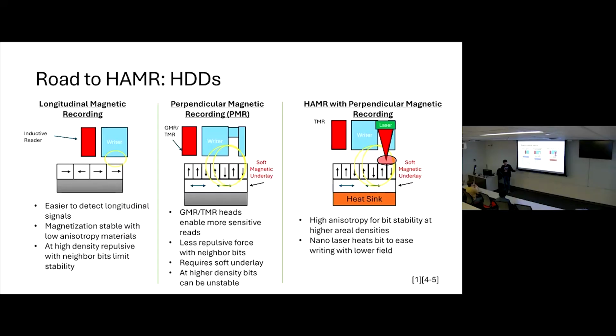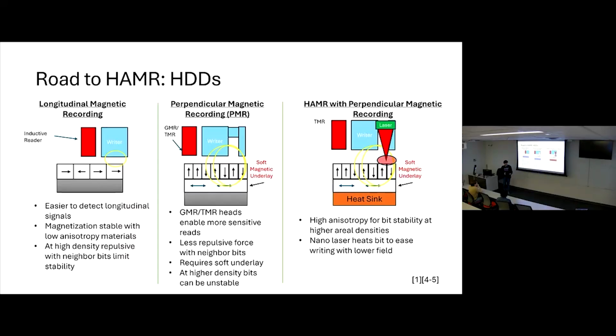But with the introduction of giant magnetoresistive heads and TMR, it became possible to have perpendicular magnetic recording, where the bits are aligned perpendicular to the plane. The good thing was that there wasn't a repulsive force. The bad thing was that the magnetic field we sense was so low that back in the day it was impossible, but with GMR and TMR heads, perpendicular magnetic recording could happen and allow us to have a higher areal density.